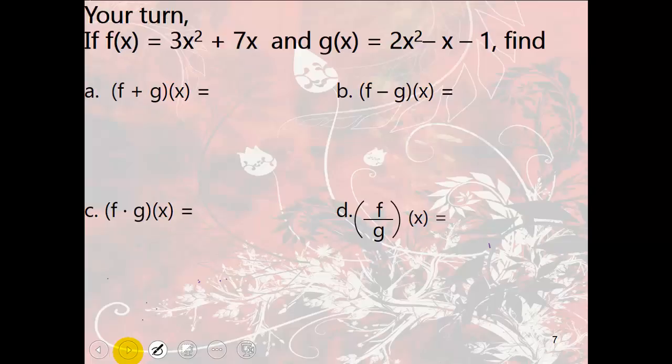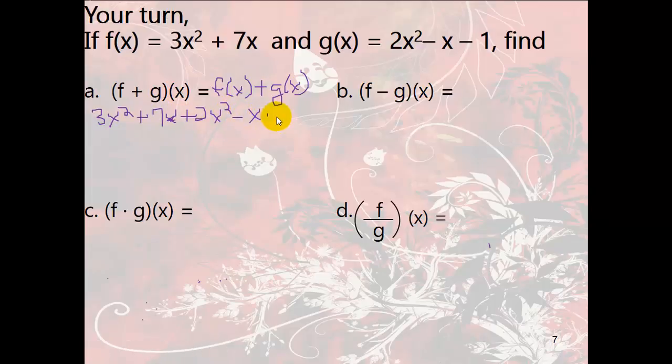I'm going to add these two together. This is f of x plus g of x. And this one I'm going to get 3x squared plus 7x plus 2x squared minus x minus 1.